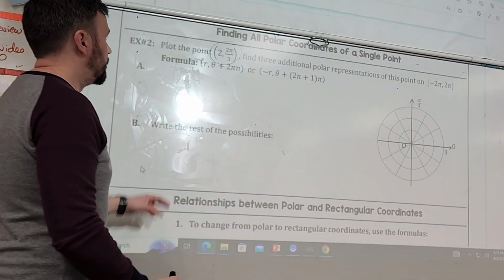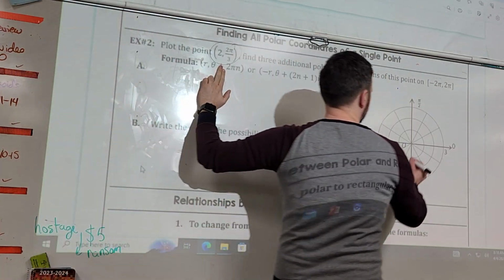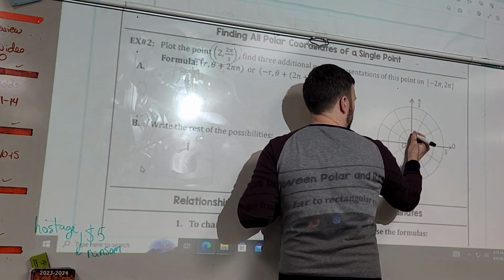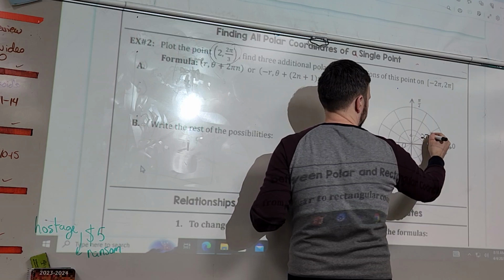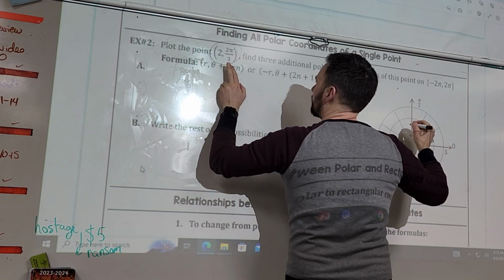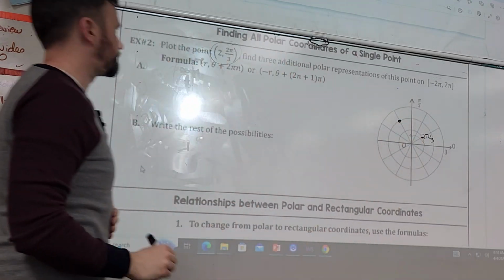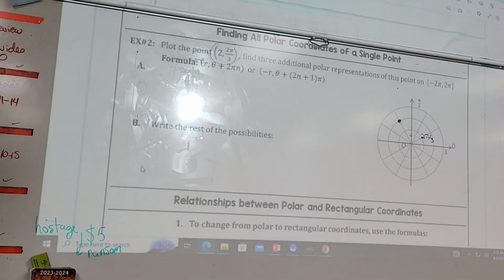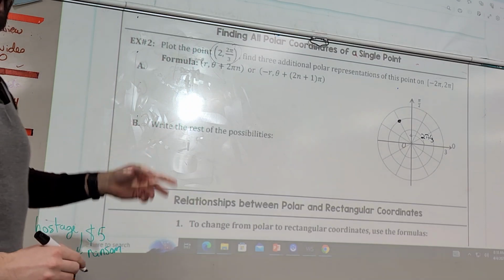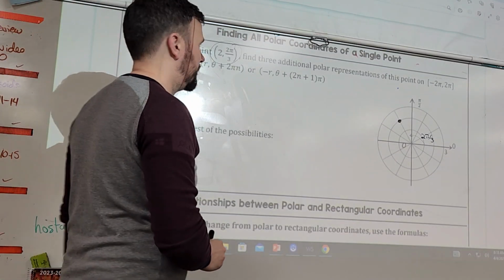So the point is (2, 2 pi over 3). So I'm going to go 2 pi over 3. And then up 2 from it, right? All right, let's come up with 3 additional ways on the unit circle.